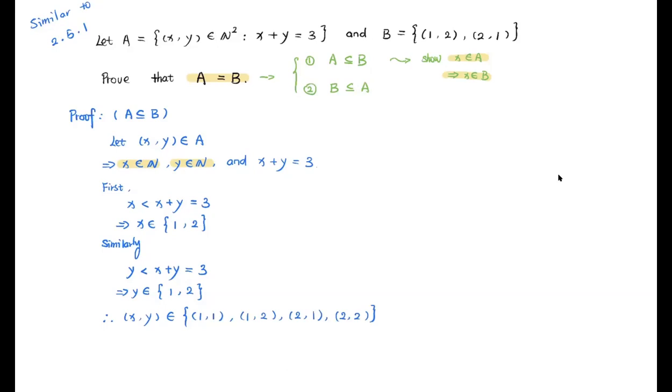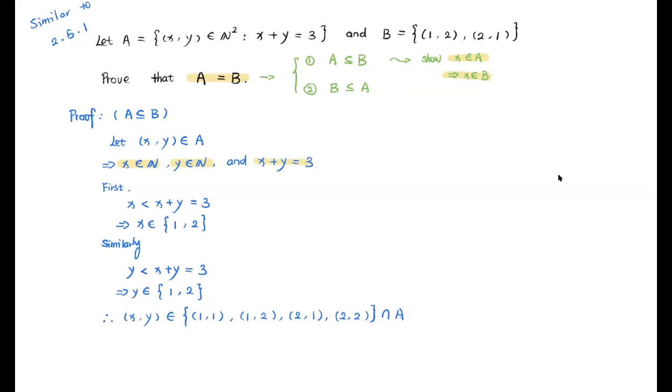But, again, remember our (x, y) is from A, so (x, y) has to be from this set, intersect the set A, which means x plus y has to be equal to 3. So that's going to help us get rid of (1, 1) and (2, 2), because 1 plus 1 equals 2 and 2 plus 2 equals 4, which means they cannot be (x, y).